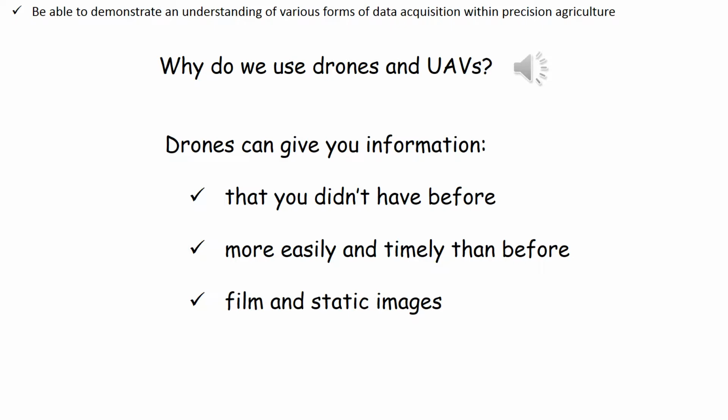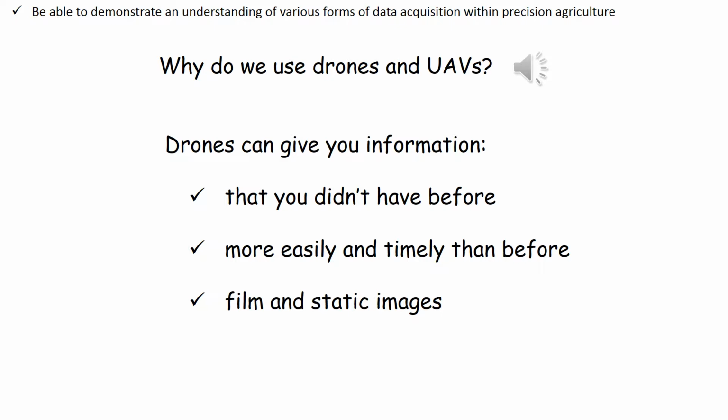So the main use of drones and UAVs is that they allow us as individuals to collect the information that we need, that we can use when we want it and where we want it. We don't need to rely on contractors to fly the drones for us, although that's useful.